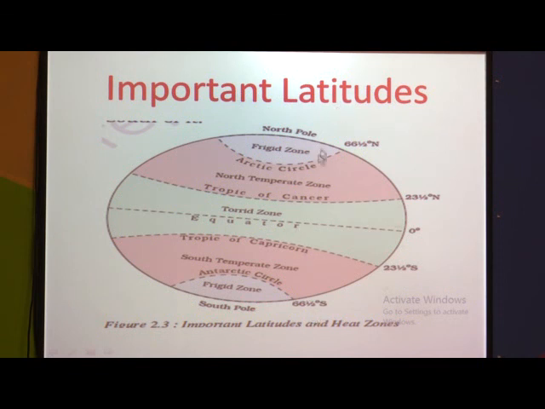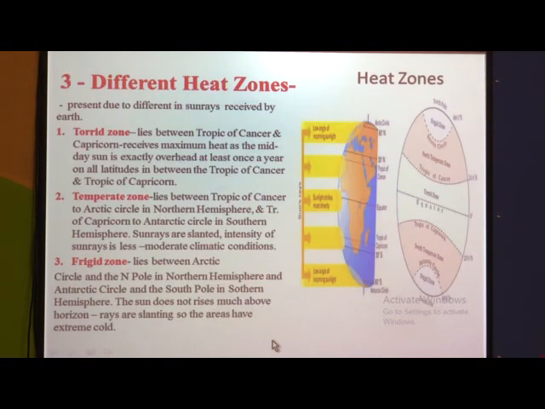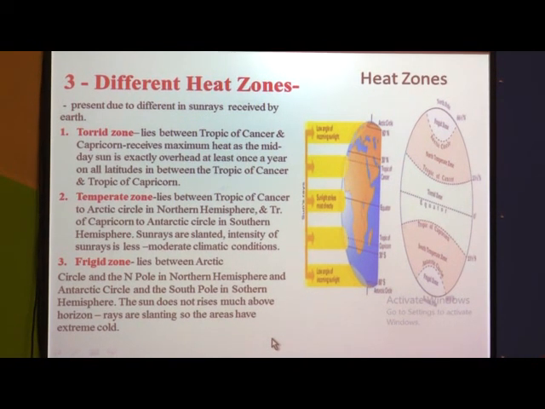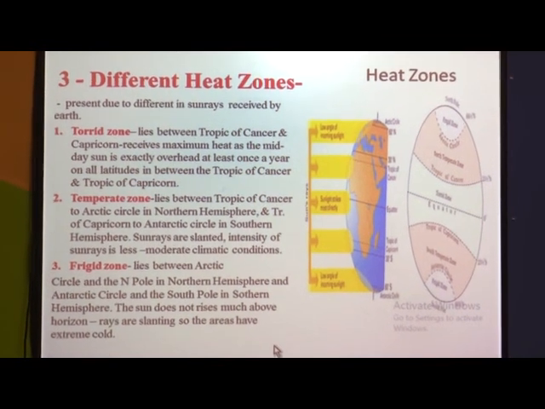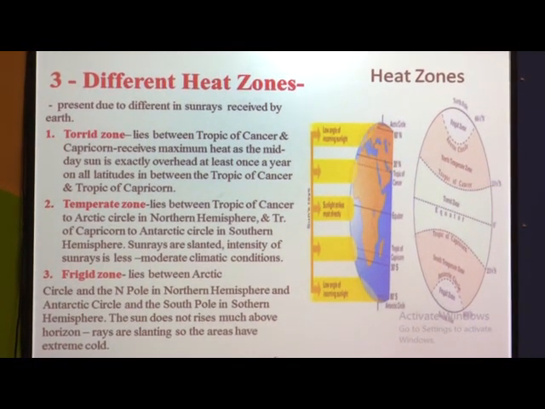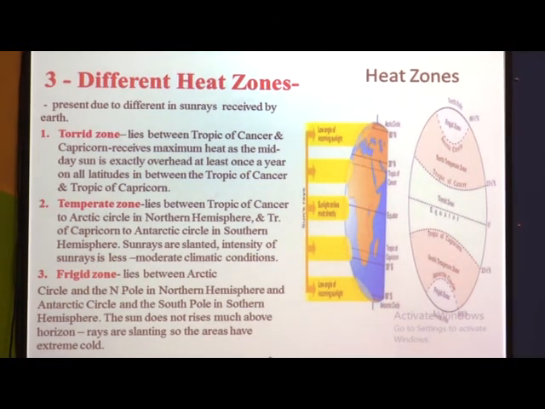So these were our 5 important latitudes. Among them, the equator is the most important latitude that divides the earth into 2 parts, northern hemisphere and southern hemisphere.